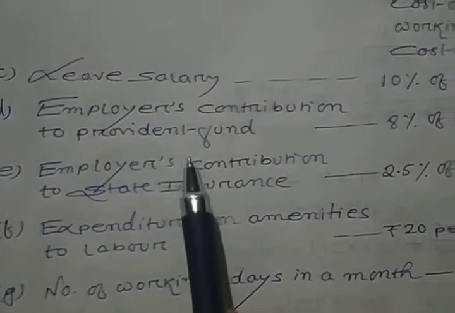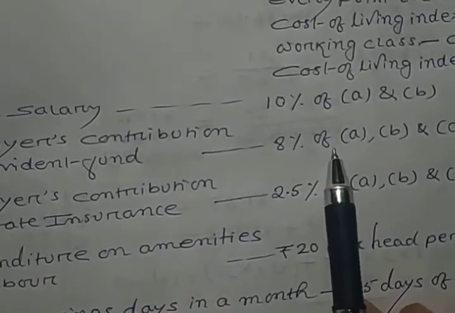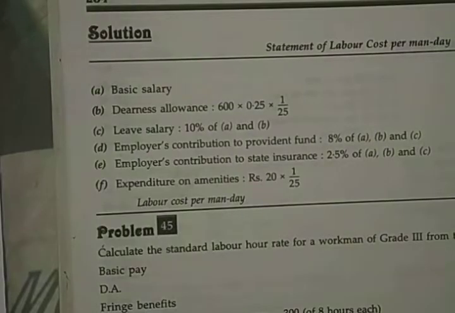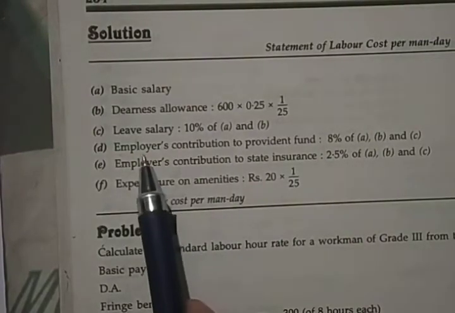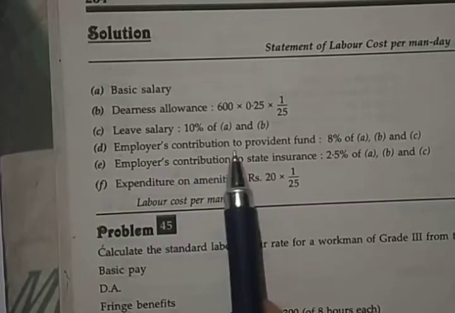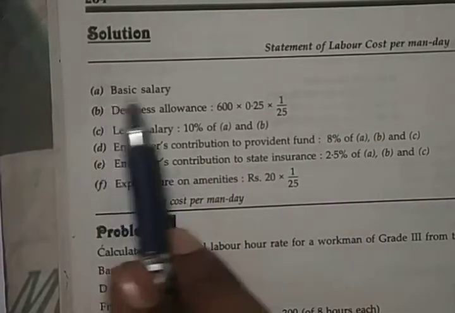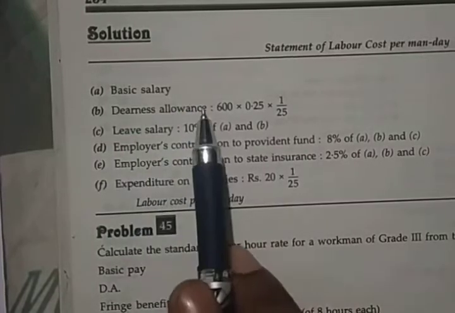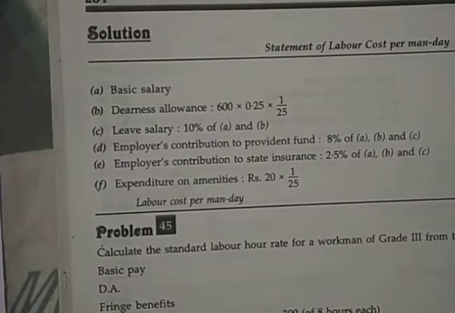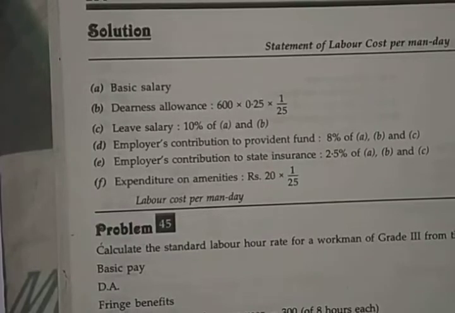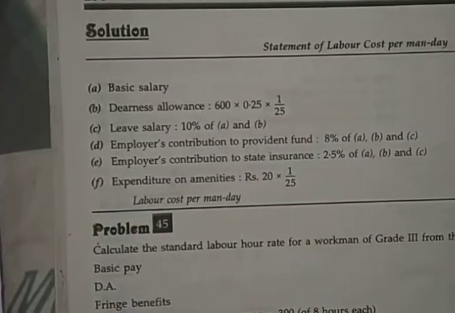The next point given, point number D, is the employer's contribution to provident fund, that is 8% of A, B and C, right? Same thing. A, B and C means the A amount, B amount and C amount. You have to add them together, and then calculate 8% for the employer's contribution to provident fund.